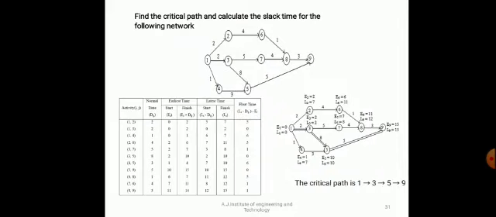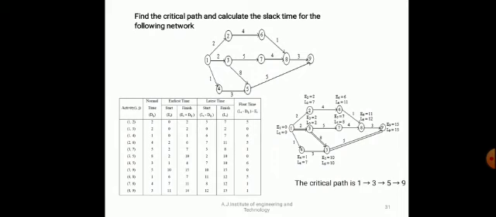Find the critical path and calculate the slack time for the following network. Same thing, same activities, we can calculate it. Here the critical path is 1, 3, 5 and 9. Here we will get the slack time equal to 0.